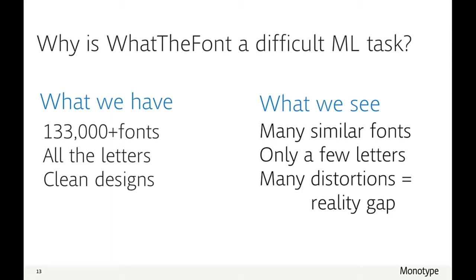The designer could have modified the spacing between the letters. I mean, the machine looks at everything, the black letter shapes, the spacing between the letters. All kinds of things happen to letters. So reality gap, we have very clean designs if you look at them as they are, but what we see has a lot of distortions. So that's called a reality gap.